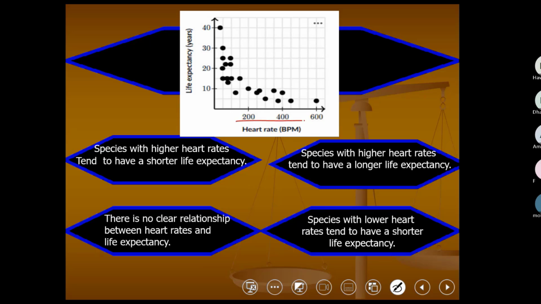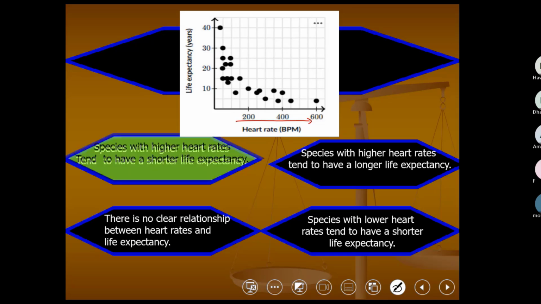So when you have a higher heart rate, it will be low life expectancy, right? Yes. Or shorter life expectancy, right? So the right answer is, yes, shorter life expectancy. When the heart rate increases, the life expectancy will be shorter. Okay.